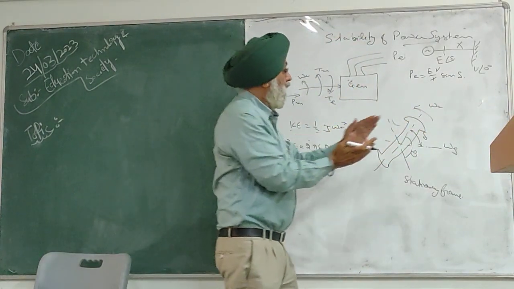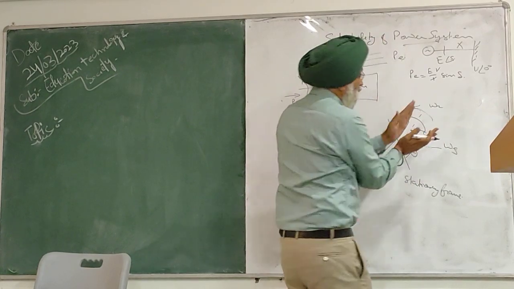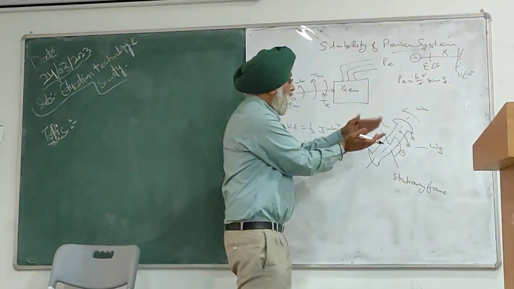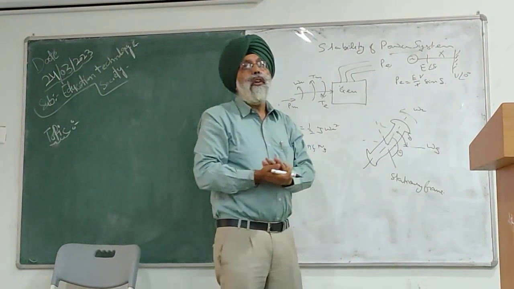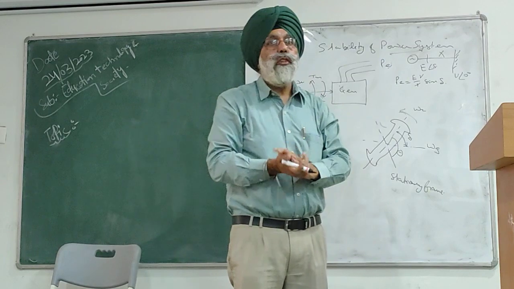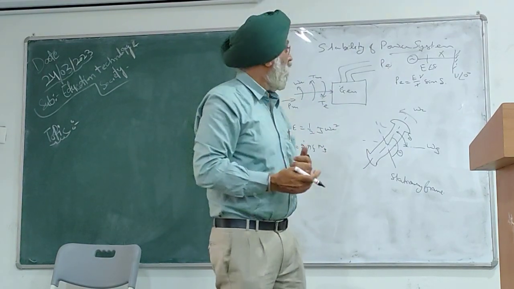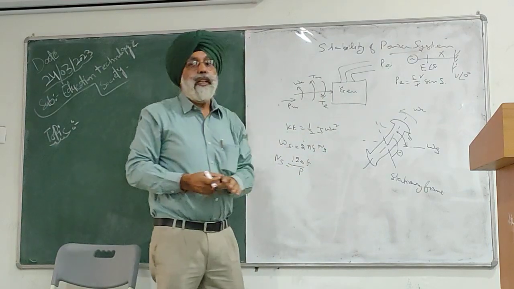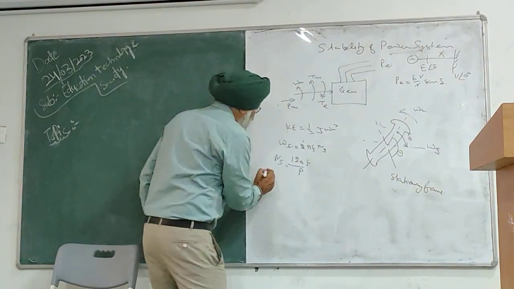This increase or decrease, or change in this delta, may lead to the loss of synchronism, which means your machine may become unstable. So accordingly, we have the types of stability of the power system. We have different types of stability.